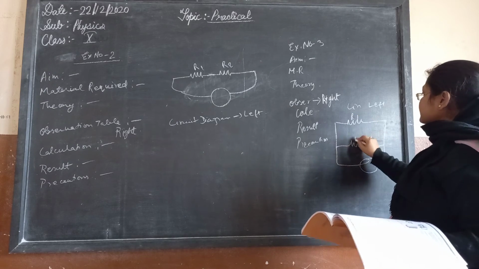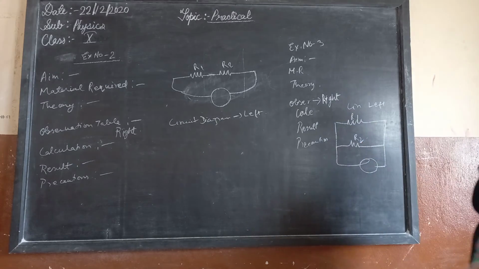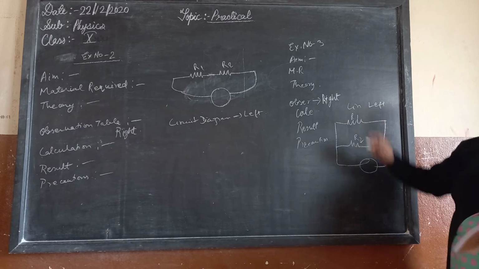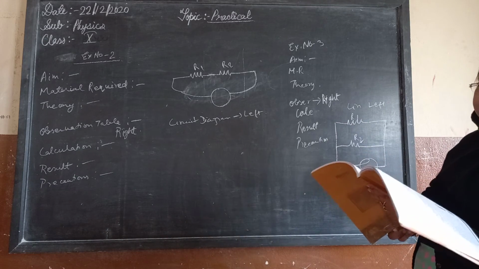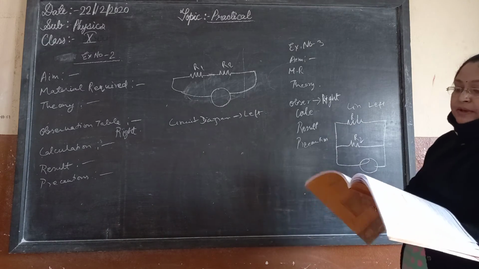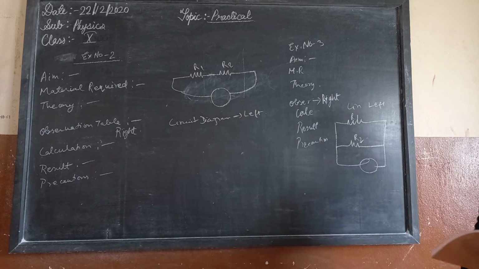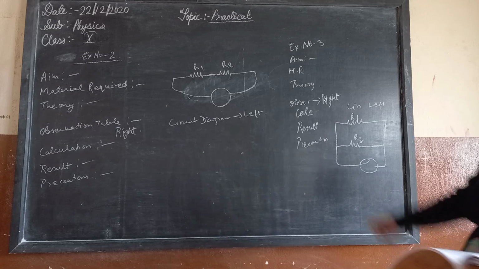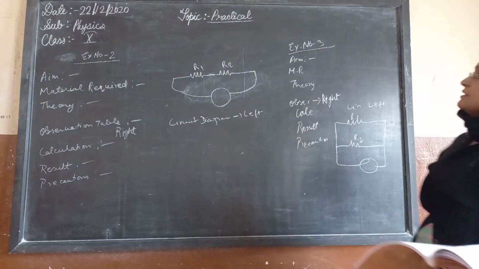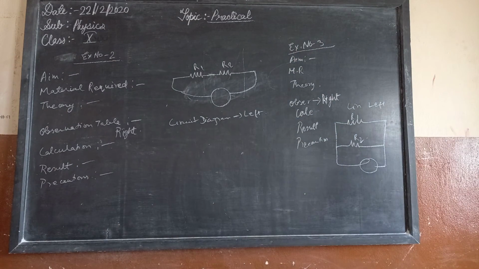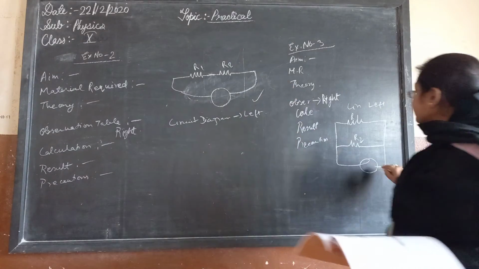This is R1 and this is R2. Combine these two in the circuit, and then we will do the third option, which is also already given in your experiment 5B. So you have to do these two in your experiment number 2 and 3 just like this: one in series, and this one in parallel.